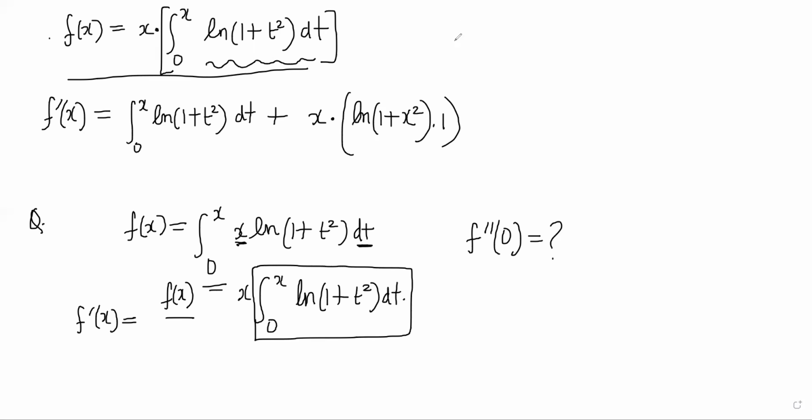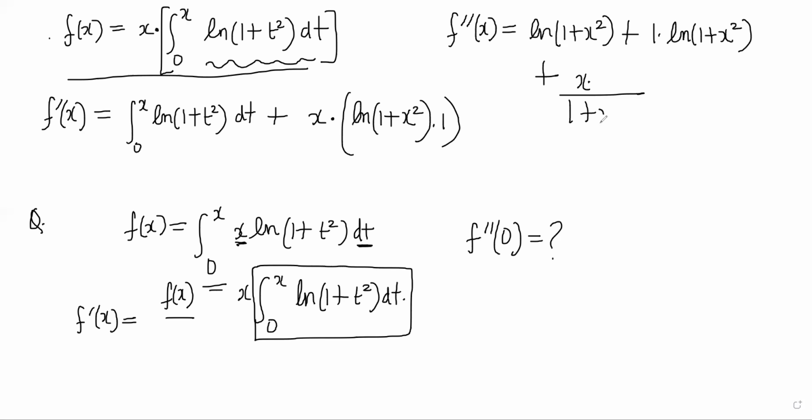And now the second step: the double derivative is easy because it's all a function of x now. Here it will be again ln of 1 plus x square, plus, by product rule, 1 into ln of 1 plus x square plus x into 1 by 1 plus x square into 2x, right?